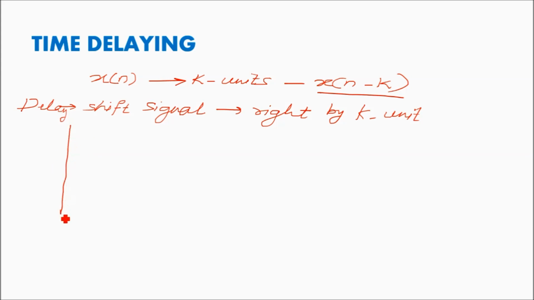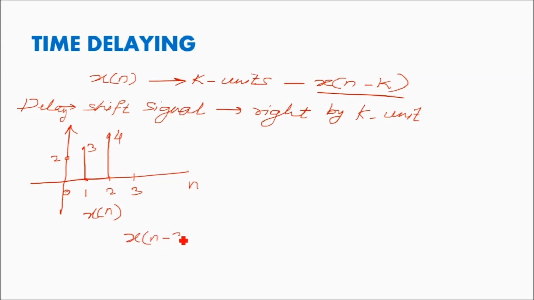For example, suppose the signal is at n values 0, 1, 2, with values 1, 2, 3 and 4, written as x of n, and you want to find x of n minus 3.